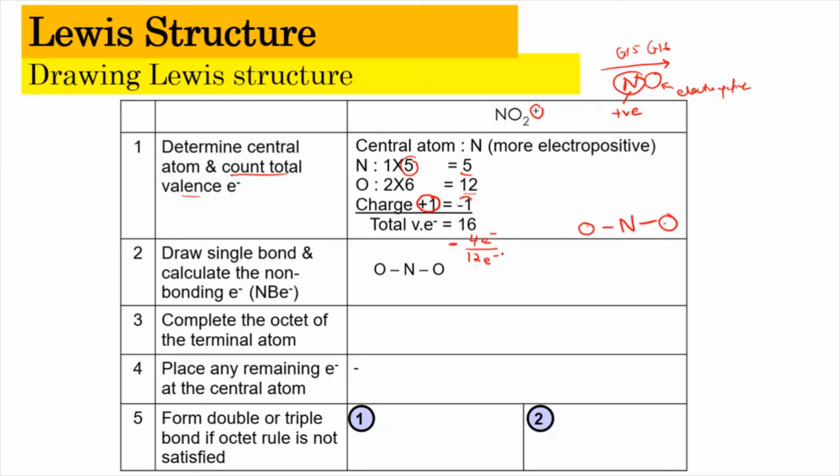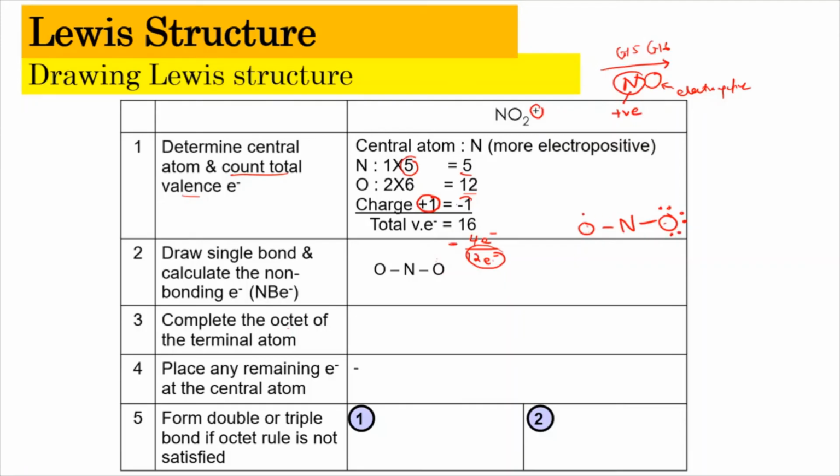Okay, and then the 12 electrons here will be used in order to make the octet for the terminal atoms. So as usual, we're going to put 6 electrons on the right hand side and then 6 electrons on the left hand side in order to make the oxygen octet. Okay, so 1, 2, 3, 4, 5, 6.